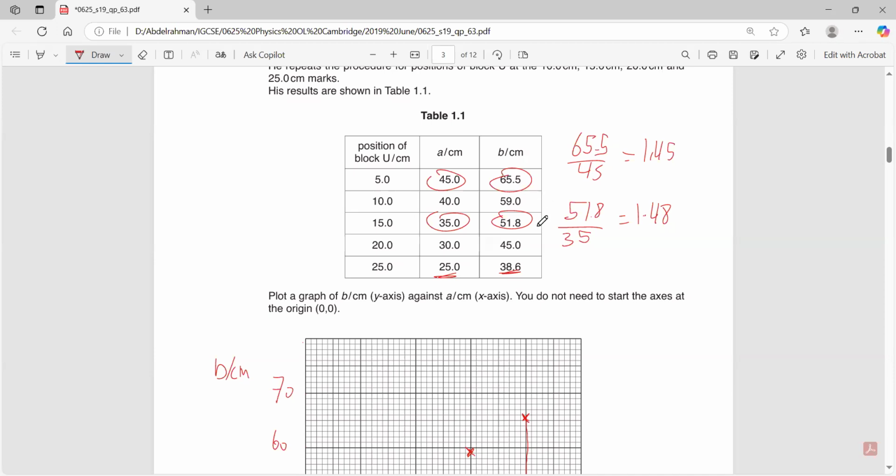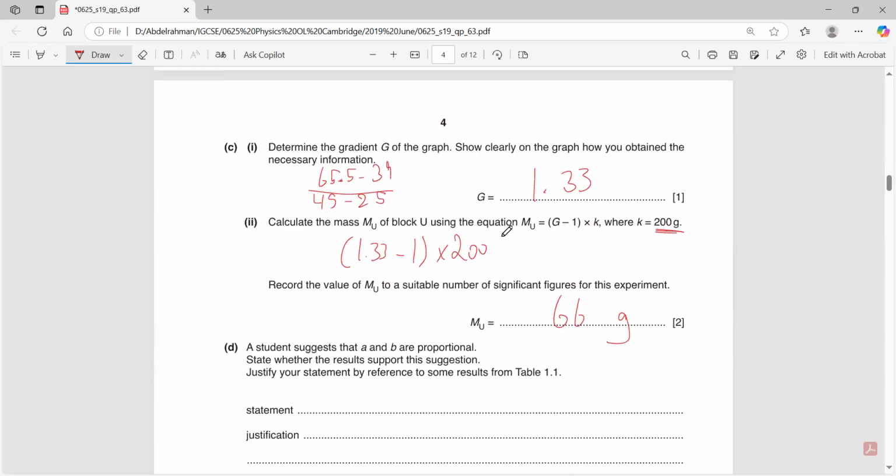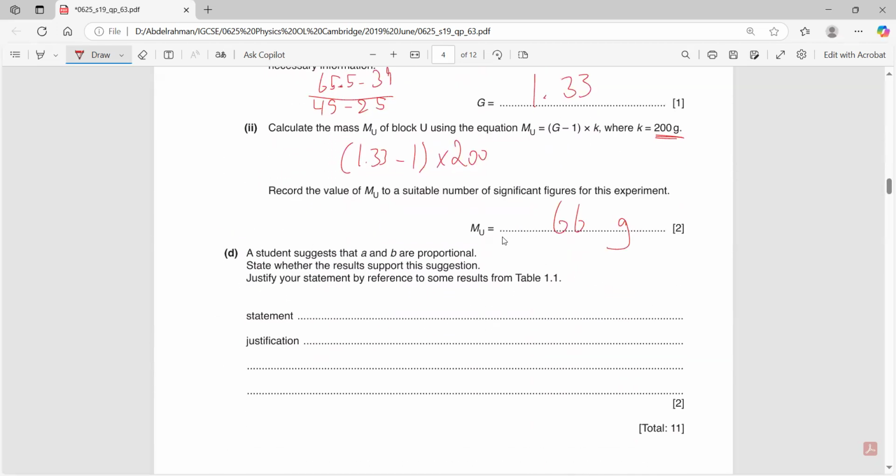If you use any two other numbers, for example 38.6 and 25, or 45 and 30, and you divide these numbers, you would find these numbers to be very close, 1.4 something, 1.5, which are within the limits of experimental accuracy. So the statement: yes, A and B are proportional. Why?